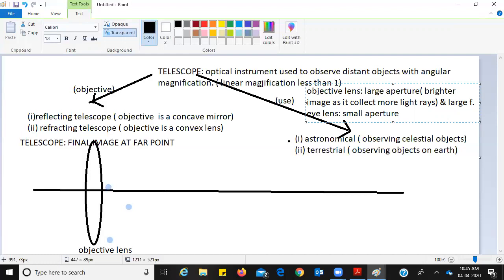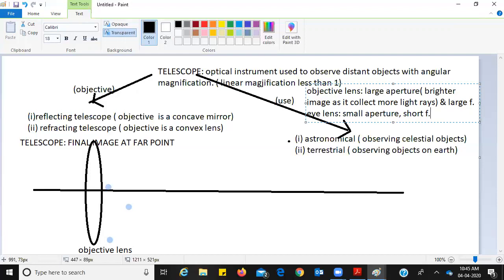If it's large, it is fine, but it will waste money, with no need for the expense, because the objective lens forms a very small image for a far away object. Small aperture, then short focal length, because it acts like a simple microscope again. Short focal length gives you large magnifying power.